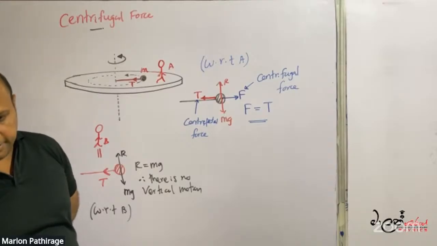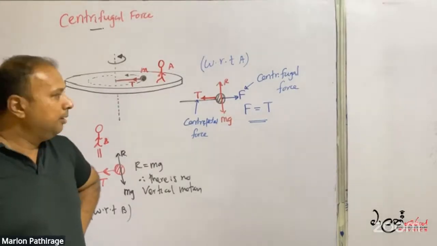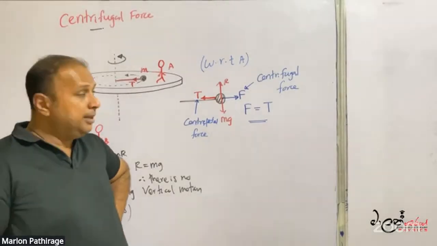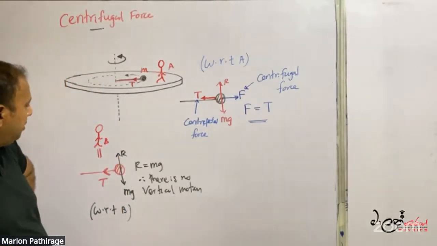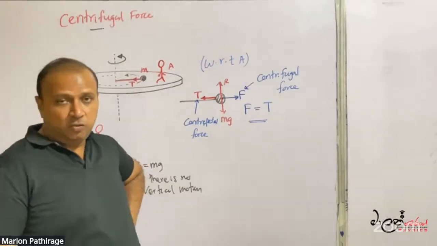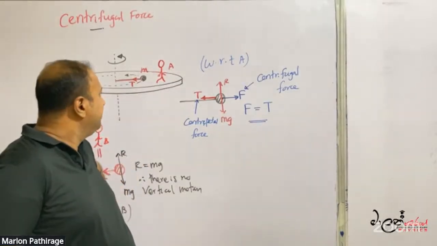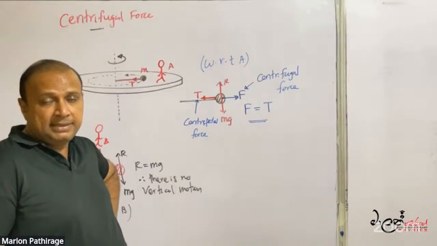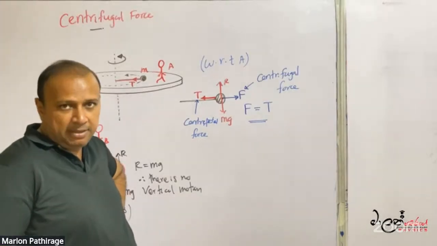Okay, I will repeat the sentence. With respect to B, simple M has a circular motion.